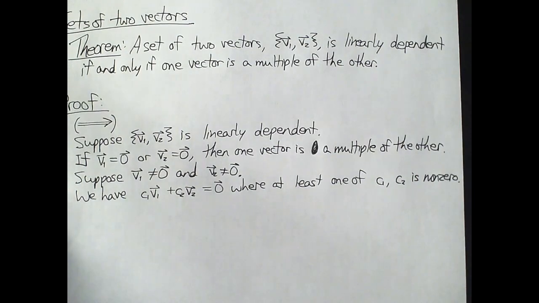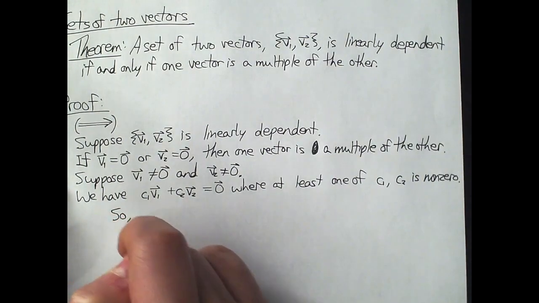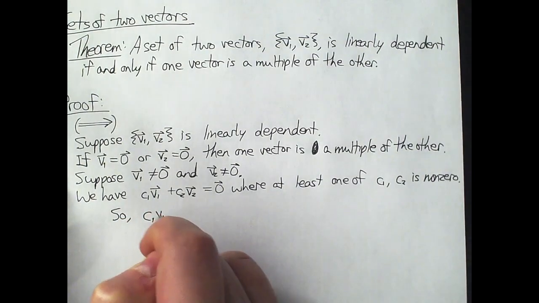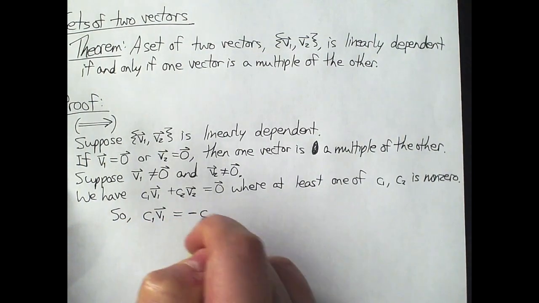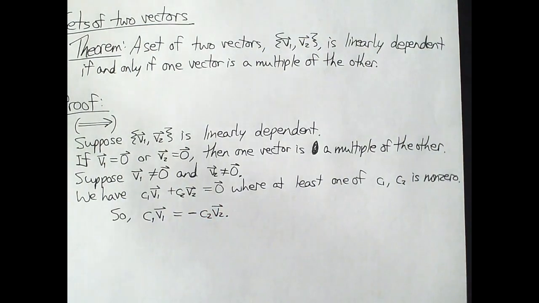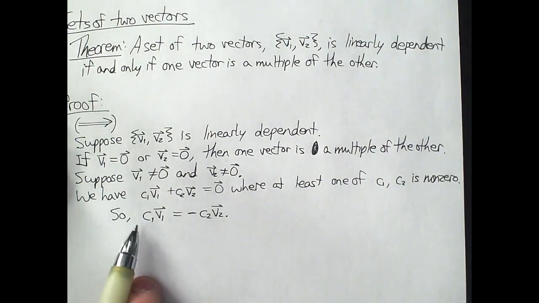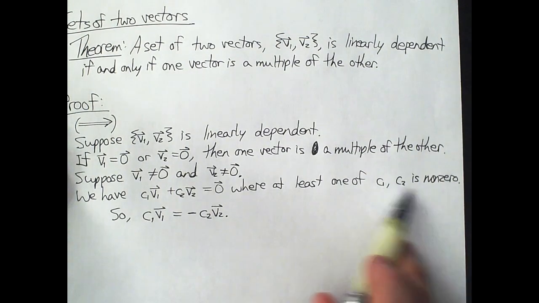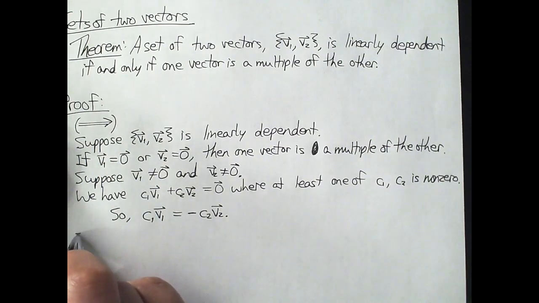Okay? So I'm going to rearrange this. C1V1 is equal to negative C2V2. Again, where at least one of them is non-zero. I don't know which one is non-zero. It's C1 or C2, but at least one of them has to be. So how about this?